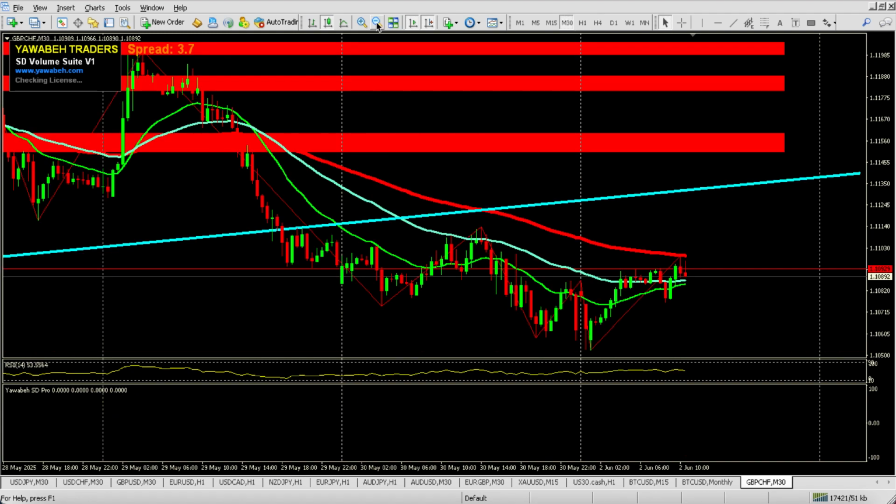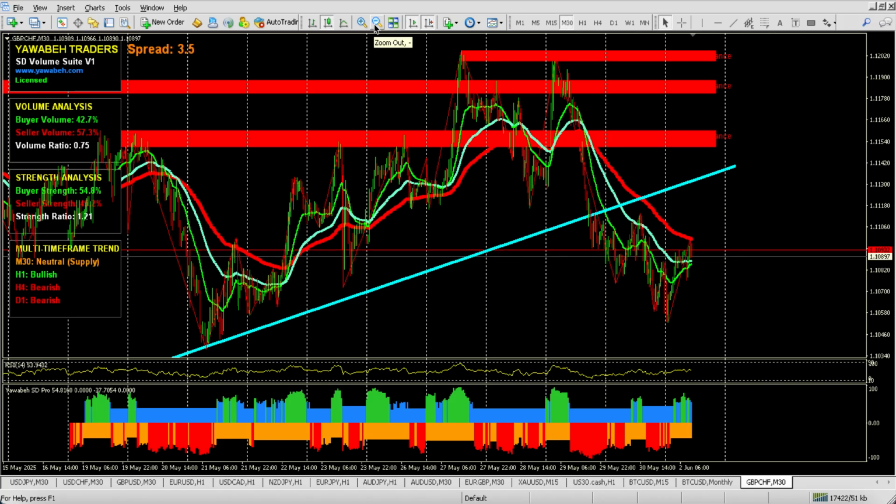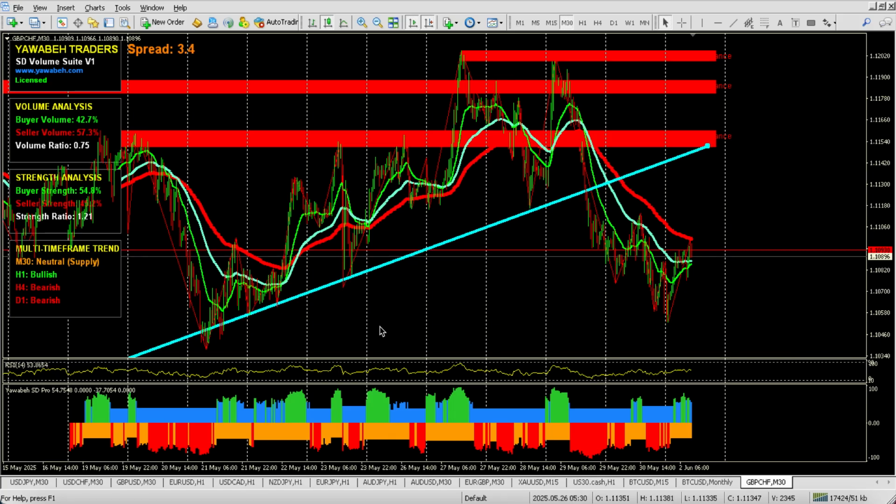Let's switch to the lower time frame. The scenario of the chart is quite the same, but we need to make a little modification. So this is actually the area. Let's draw it again on the lower time frame.